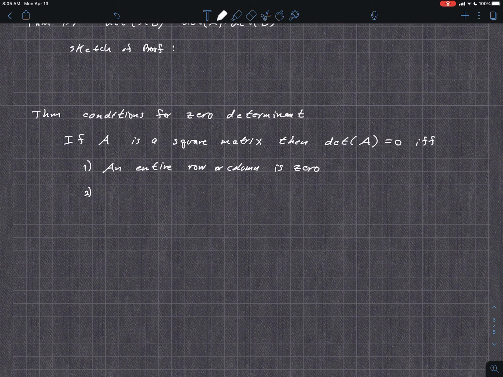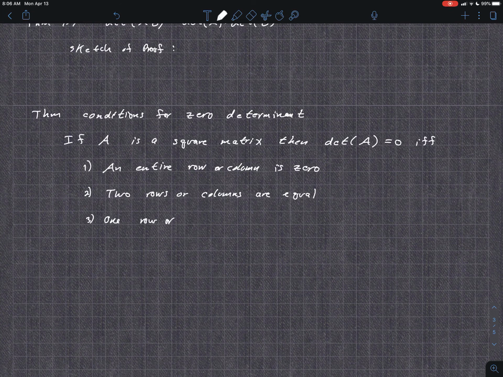2, two rows or columns are equal. So you basically just do an operation on those to get a zero row or column, and then it kind of works out. And then 3, one row or column is a multiple of another row or column.